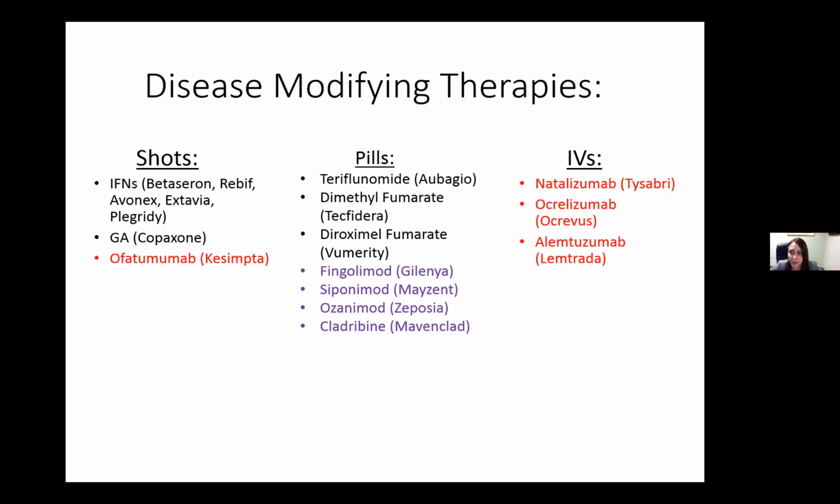And many of my younger patients are the ones, if I had to treat somebody with medications that may increase the risk of infections, I'd rather do it in a younger patient and not wait till a patient is older.